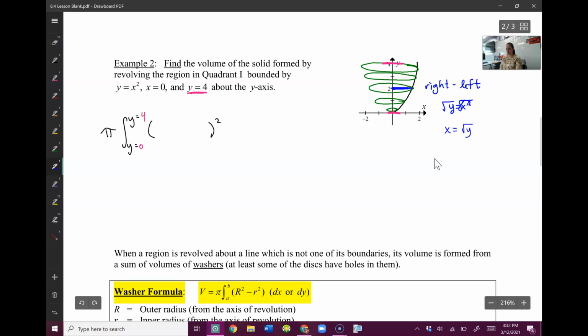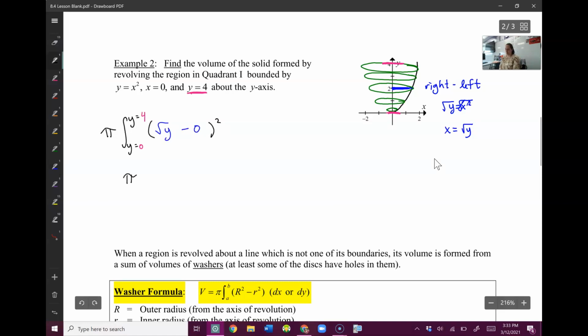So this graph right here is the graph of square root of y. Now, we know it's usually plus or minus, but I don't need the minus one this time because when I do the rotation, that takes care of the minus one on its own. So I really just need this square root of y. And that right there is going to be my r, because right minus left is just 0.